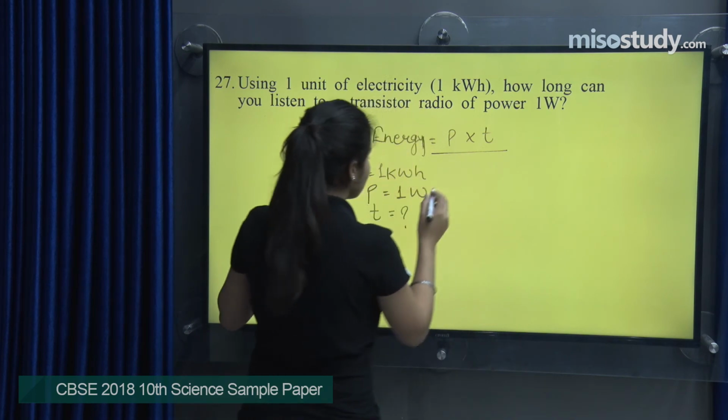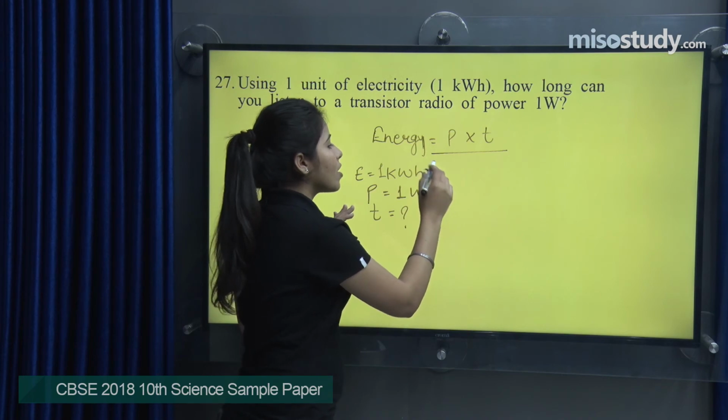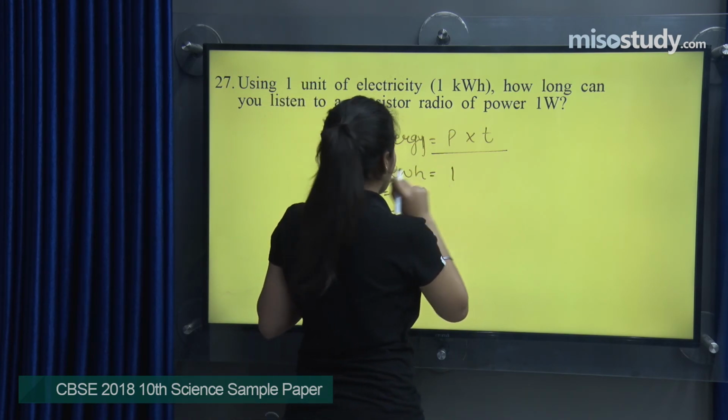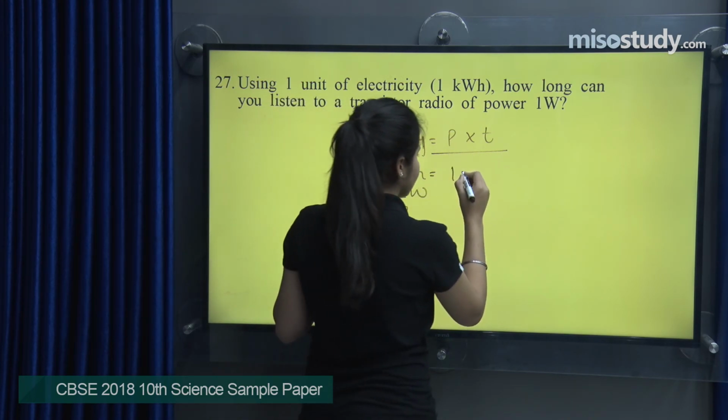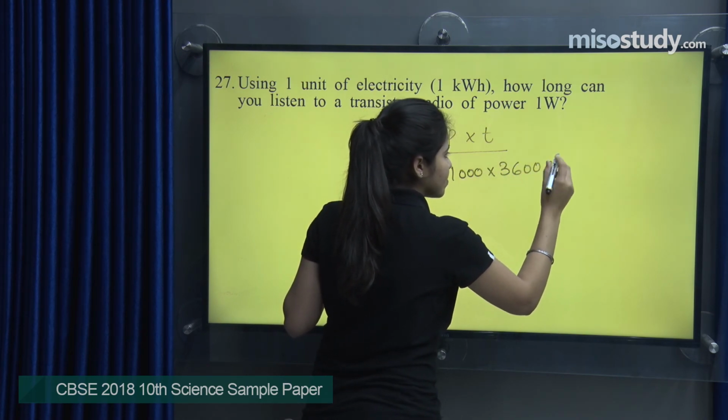So now we are going to put the standard units, that means we are going to convert 1 kilowatt hour into watt seconds: 1000 into 3600 seconds.